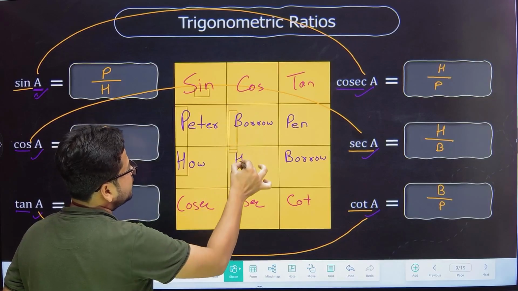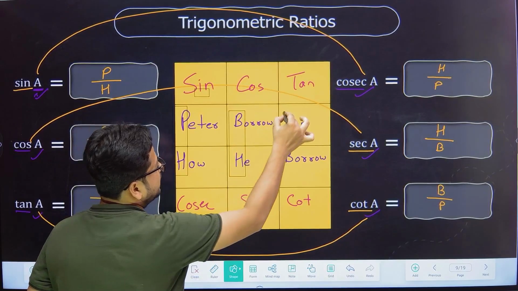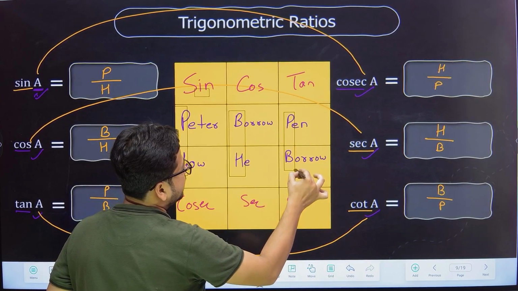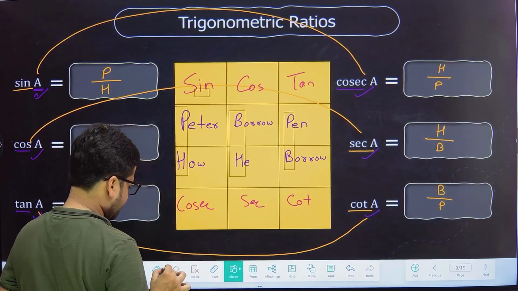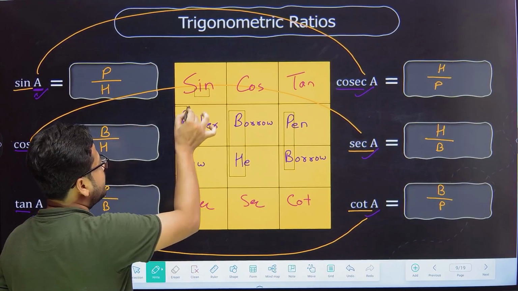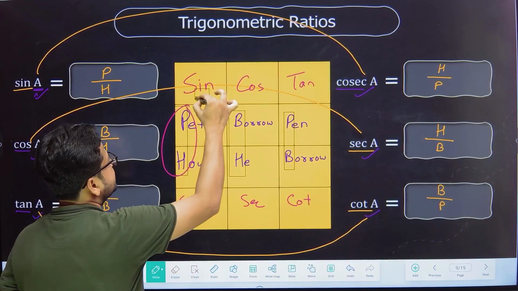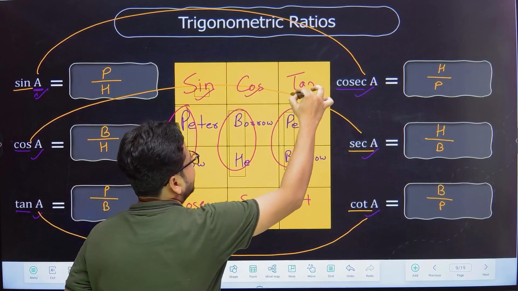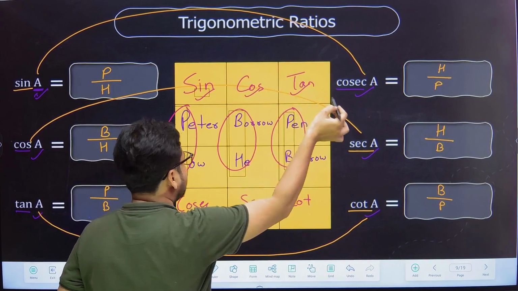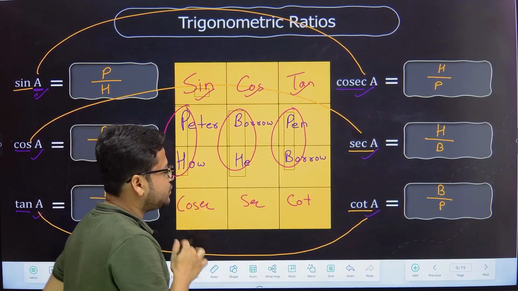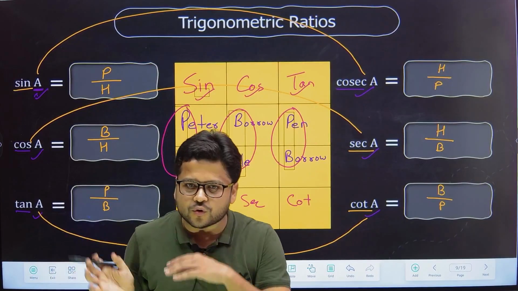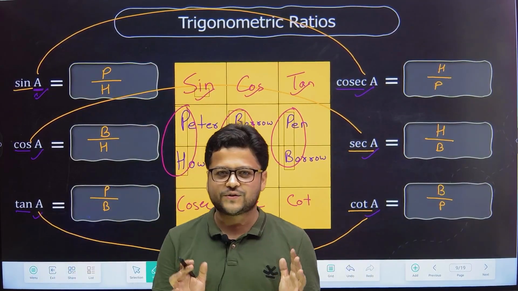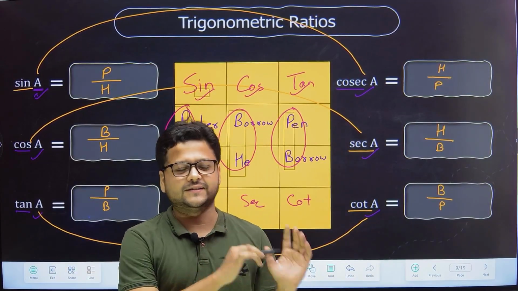B upon H, cos, P upon B, tan. Understood? I am sure that you understood this very well. And if you know sine, cos, tan, you can easily know cosec, sec, and cot, because these are reciprocals of the other three. In this way you can easily learn this.